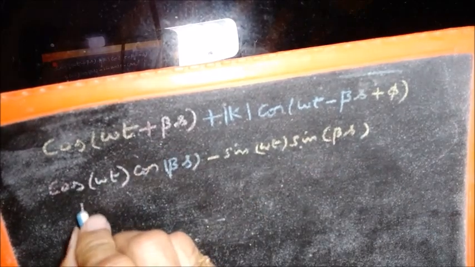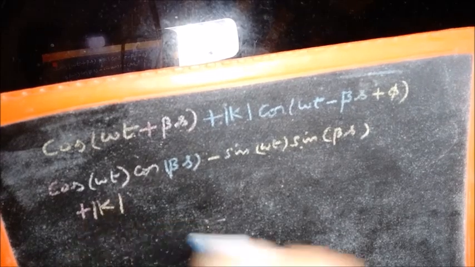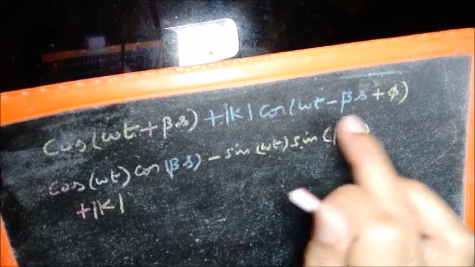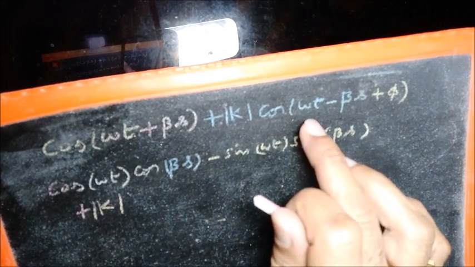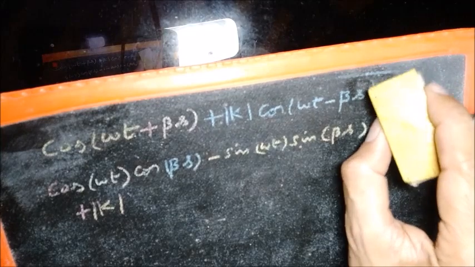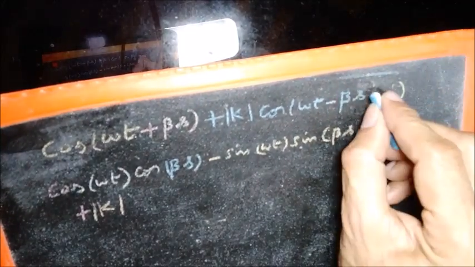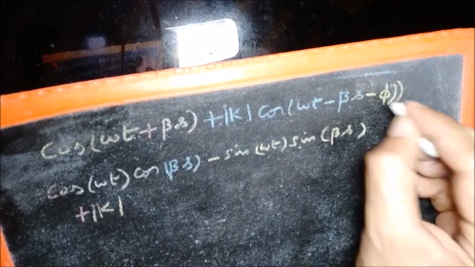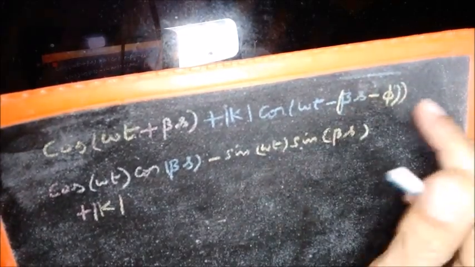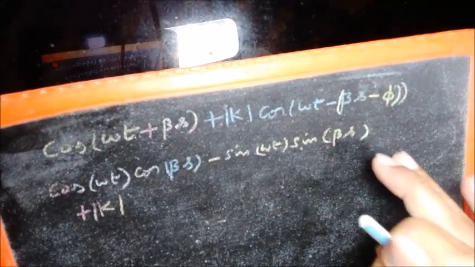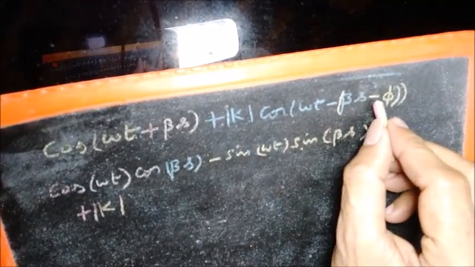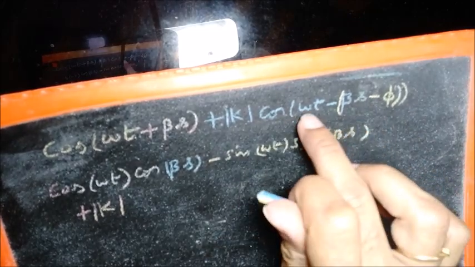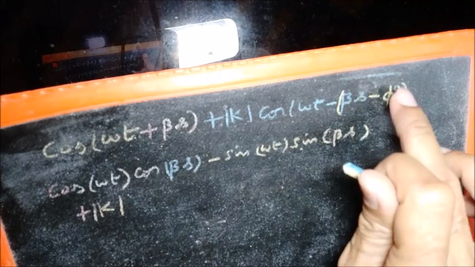And then we have plus the magnitude of the reflection coefficient. Similarly, I will expand this using cos A plus B, or rather, to be more specific, maybe we write it like this. Right, so we don't alter anything. I'm just putting these things together in the bracket and changing the numerical sign here. Now I will expand this using cos A minus B, where A is omega t and B is beta s minus phi.